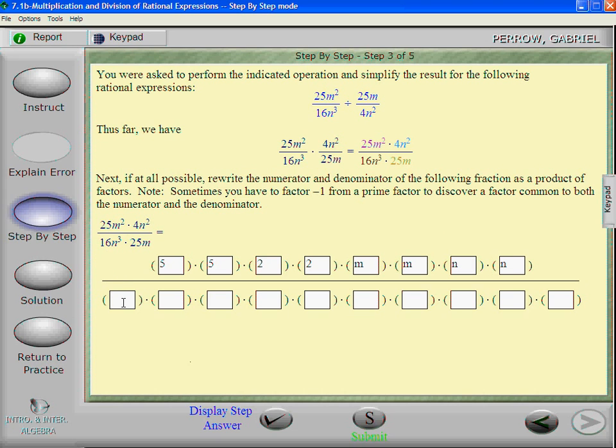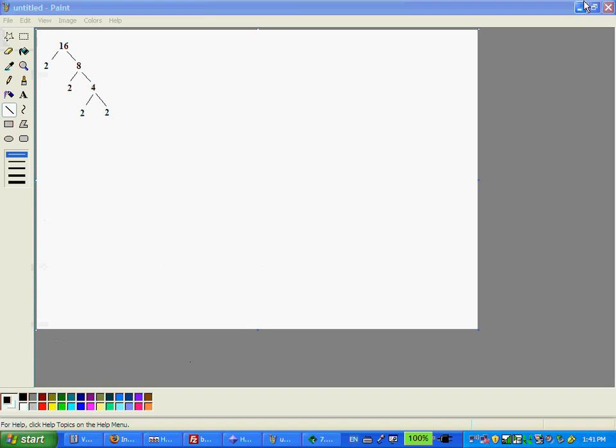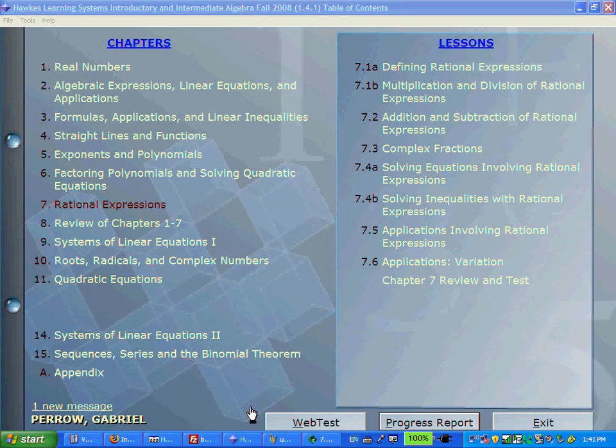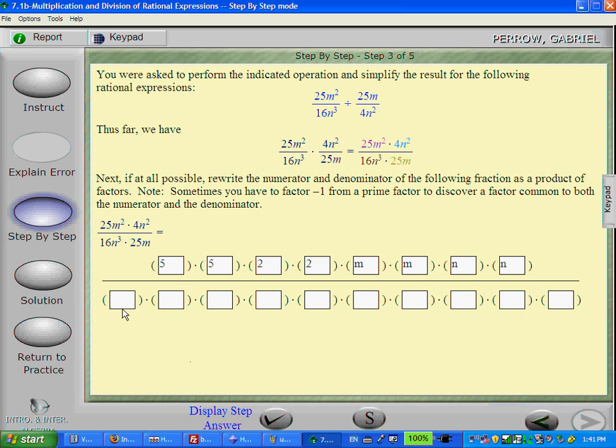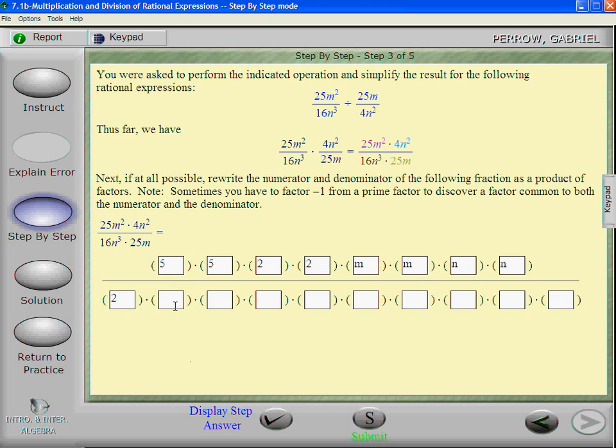Remember we did a factor tree on that before. I think I might still have that kicking around. Becomes 2, 2, 2, 2 on the bottom. Oops. So we end up with 2. This happened to me last time. 2, 2, 2, 2, 5, 5 for the 25, n, n, n, and then m.